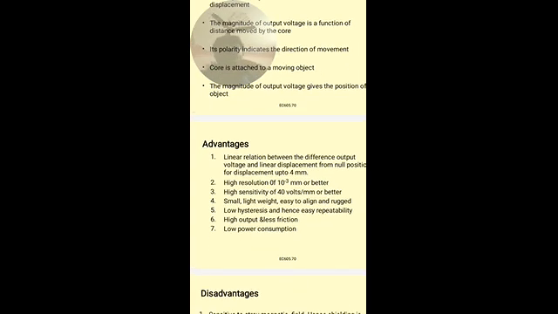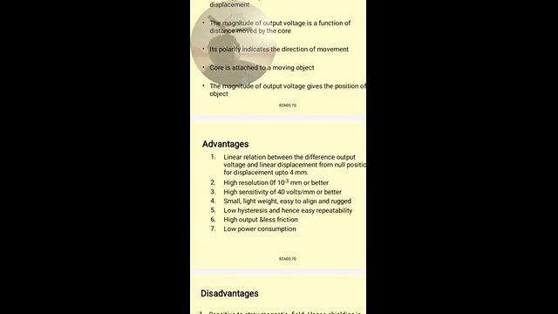High sensitivity of 40 volts per mm or better. A small change of 1 mm will result in an output voltage of 40 volts, which we can easily measure.